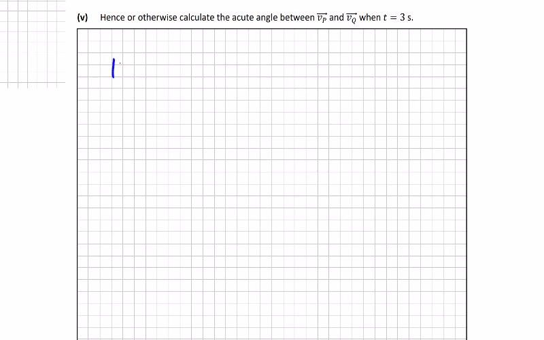Now what we need to know here is the magnitude of the velocity of p times the magnitude of the velocity of q by the cos of the angle between them is equal to the dot product that we've just done, which we got minus 376.714.